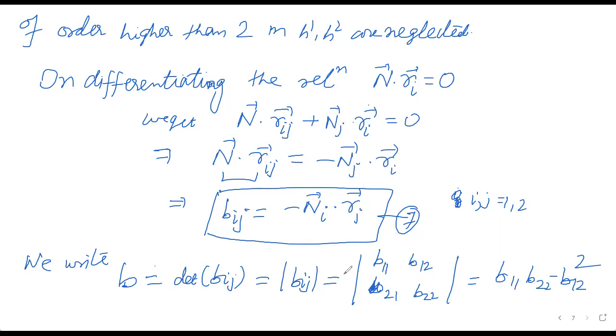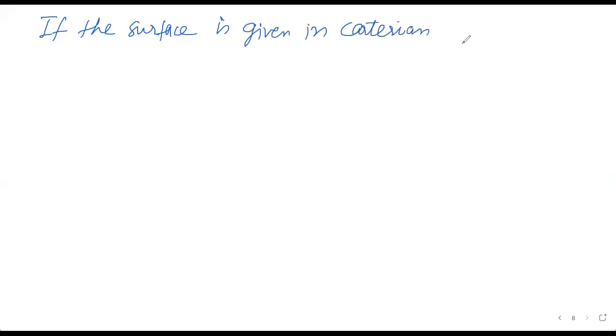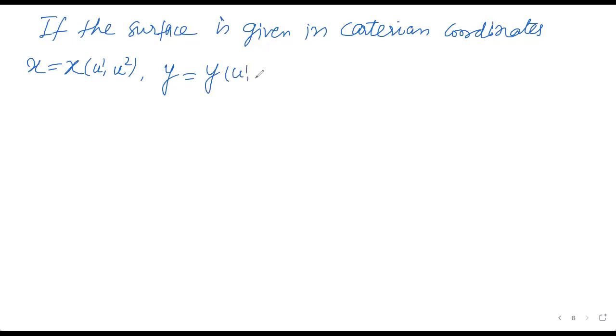Also, if your surface is given in Cartesian form, suppose the surface is given in Cartesian coordinates, how would it be given? x will be given to you, y will be a function of u1 u2, and z is a function of u1 u2.